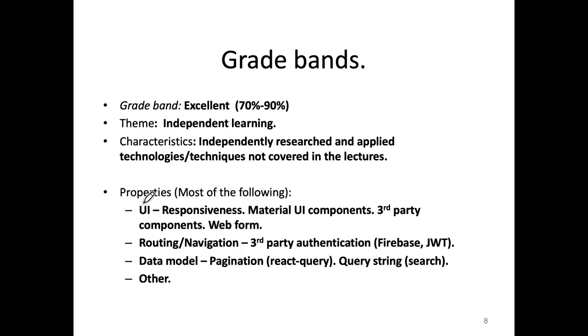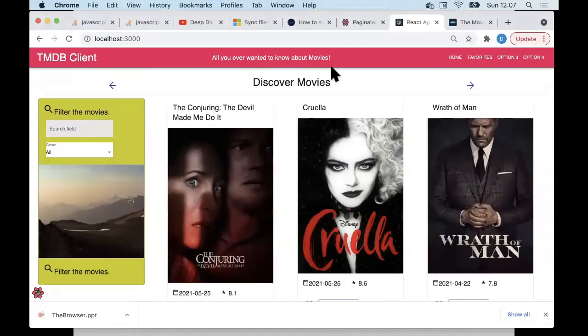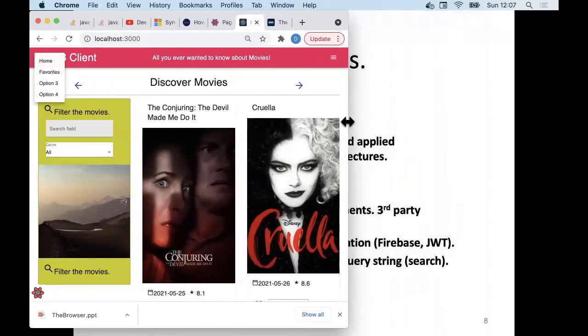So in terms of UI, you could bring in some responsiveness. Now, I've already kind of demonstrated how you achieve responsiveness in the Movies app using Material UI. If you remember, if we just flip over to these header links here, these navigation links, they change to a drop-down list when our form size is in the kind of mobile range.